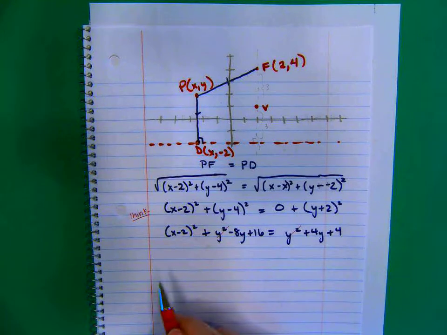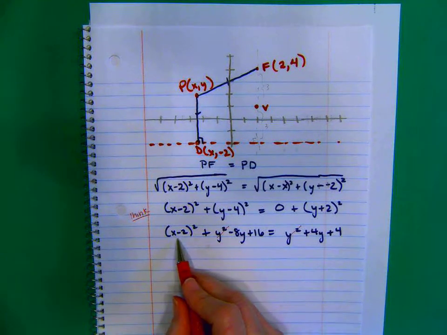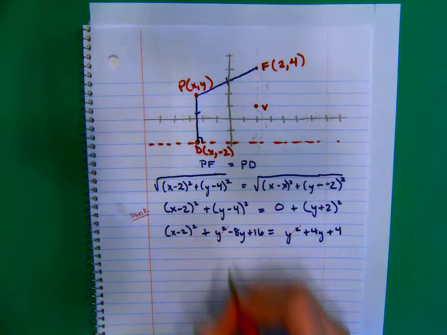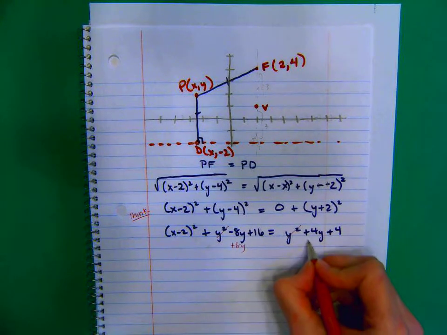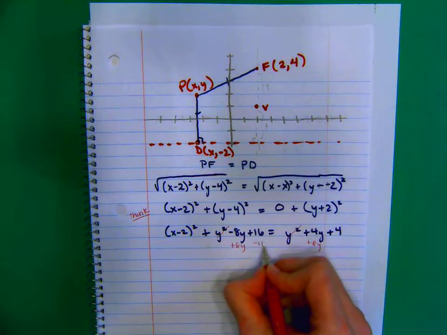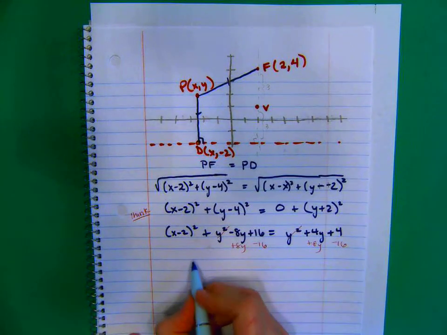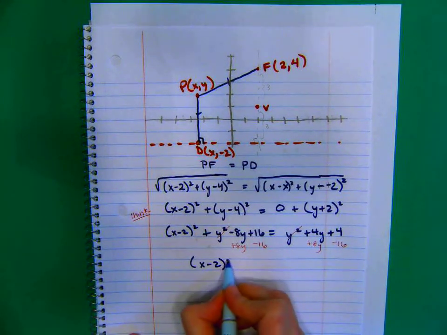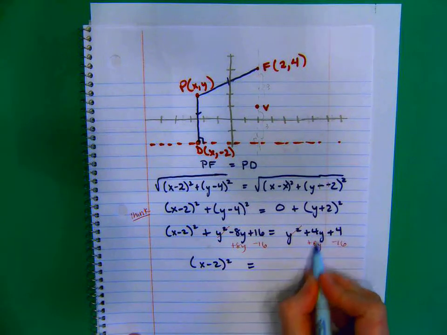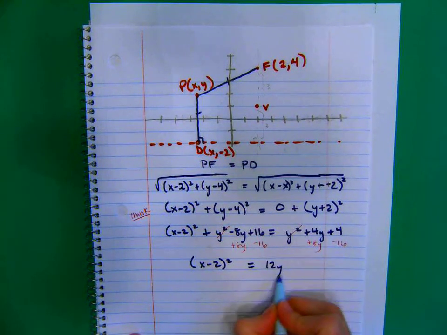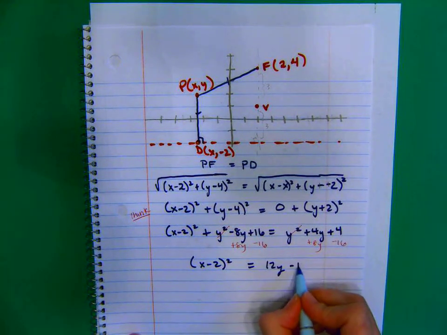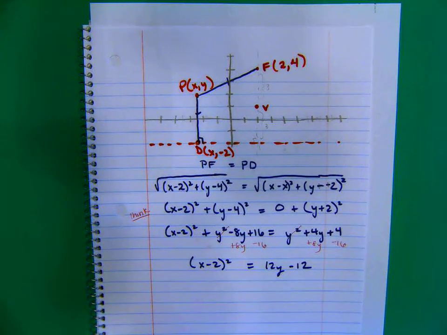I'm choosing to use the focal width form, so I'm going to leave the squared by itself. And I will add the 8y over to the other side and subtract the 16 over from the other side. And when I do that, I will have x minus 2 squared equals, and this adds up to 12y, and this subtracts to negative 12.